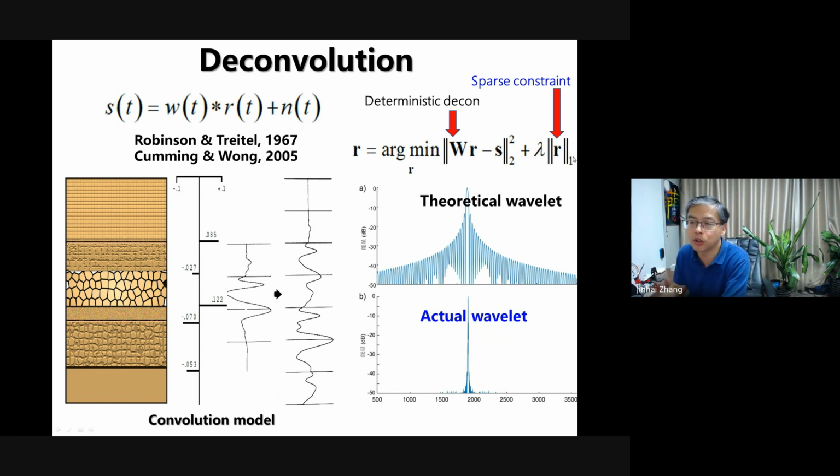So we use the minimum norm as our constraint. Here is the 2 norm. After that, we can obtain a very sharp reflection on each layer boundary. That means we can deconvolve the theoretical wavelet, and thus improve the vertical resolution.